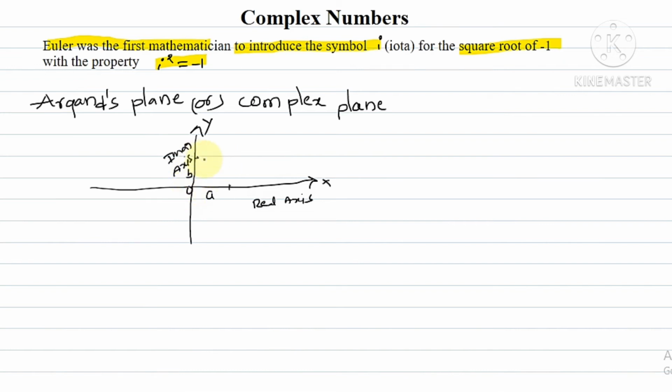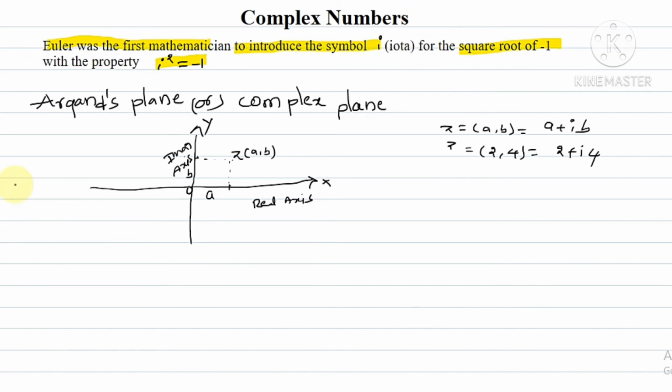Okay, so those two are intersecting here. So this is denoted by z of a comma b, which is nothing but a plus iota b. For example, z equal to 2 comma 4 means 2 plus iota 4. So this is the representation of a complex number in the Argand plane or complex plane.